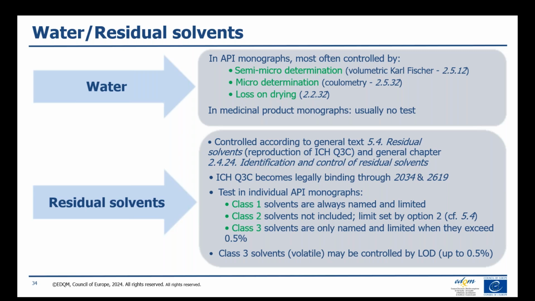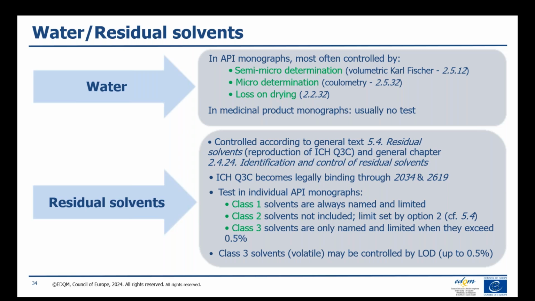And in the medicinal product monograph, usually there is no test because we consider that the water content is product specific. For the residual solvents, they are controlled according to the general text on residual solvents, which, as I say, is a reproduction of ICH Q3C, and also according to the general chapter 2424 for the identification and control of residual solvents.